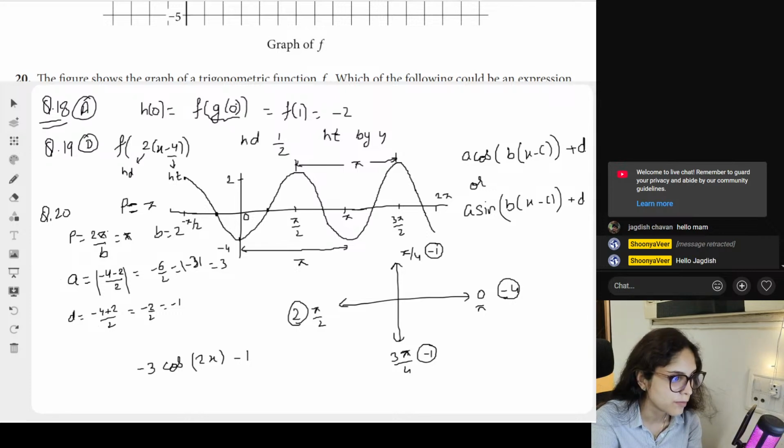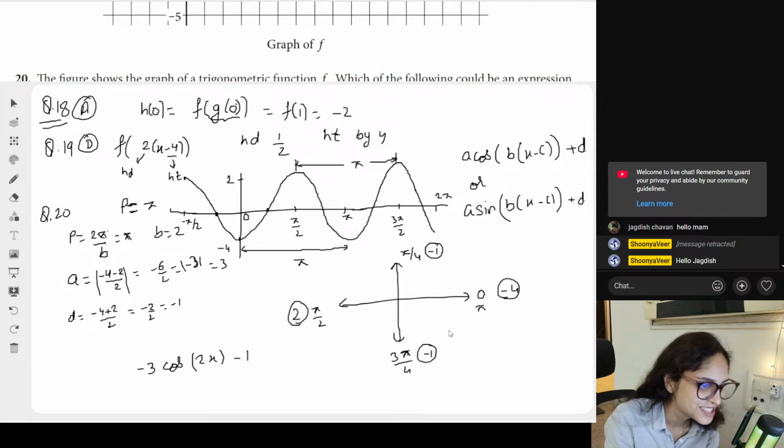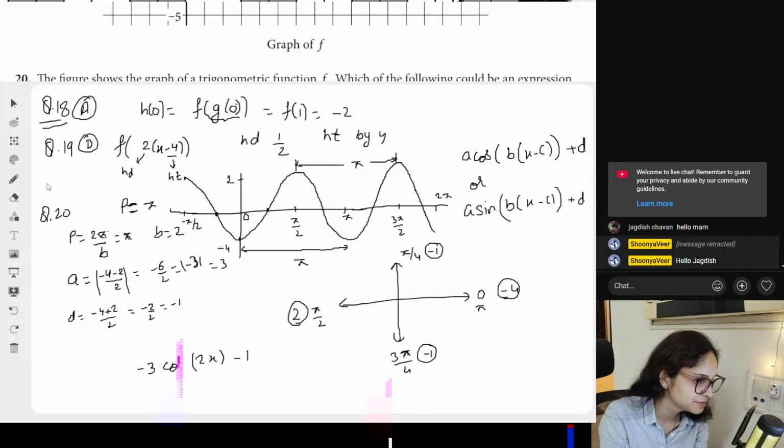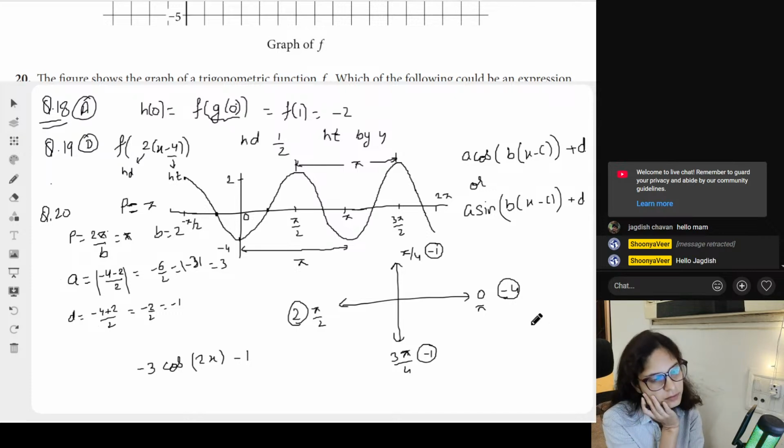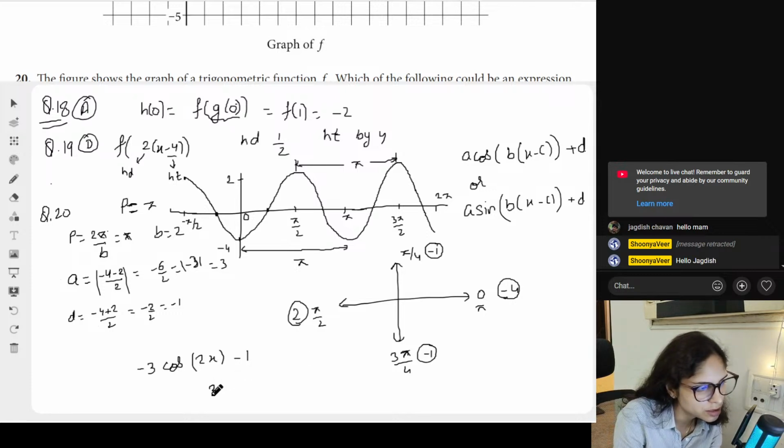So it cannot be cosine, right? Because then it has to be sine. So if you shift pi by 4, so I think it should be 3 sine 2 times x minus pi over 4 minus 1.